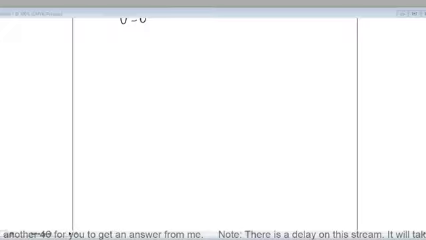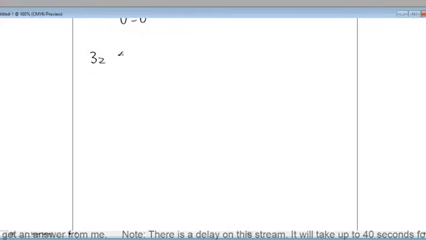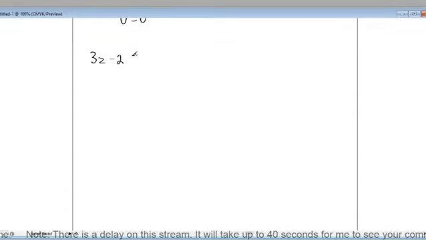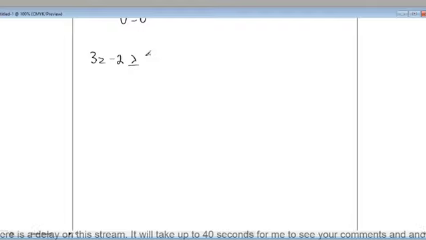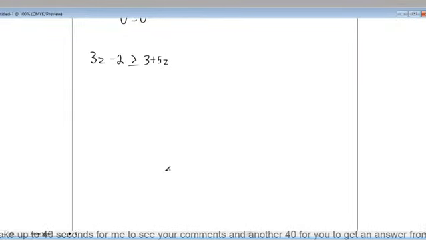So here we have 3z minus 2 is greater than or equal to 3 plus 5z. So again, not an equation, an inequality.